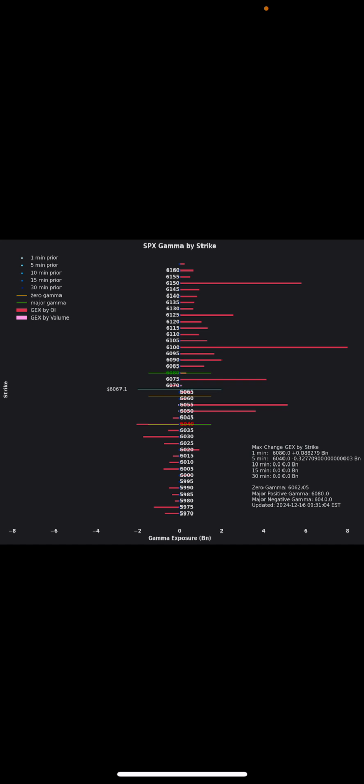So I want to go over reading, analyzing, and interpreting the SPX Gamma Exposure on the day. I've been day trading for a long time.